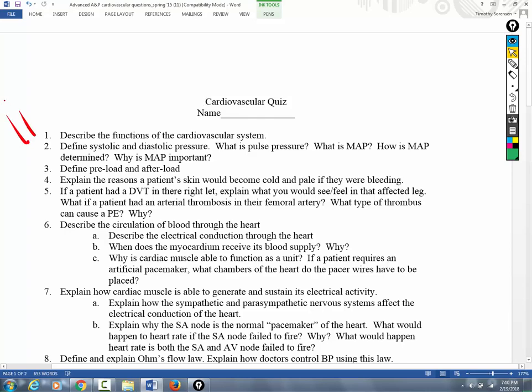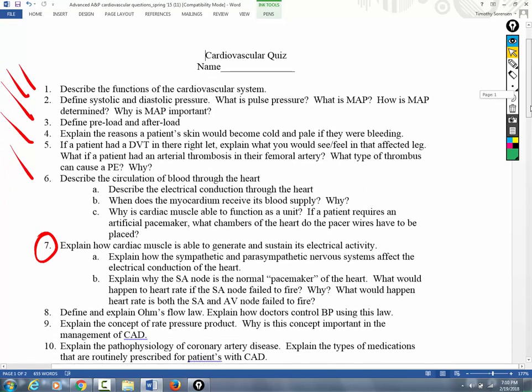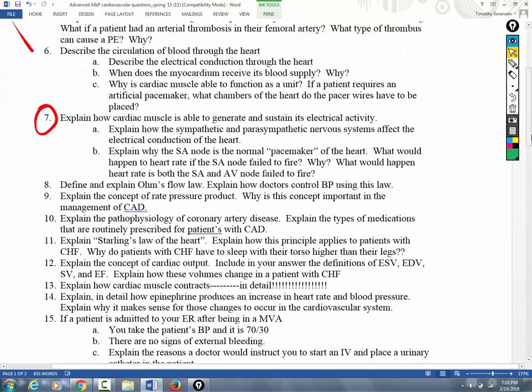1, done. 2, done. 3, done. 4, not done. 5, I did that, yes? 6, done. I did describe the circulation. I will do the electrical conduction system, and that will take us into 7. So I'm going to do parts A and C, and I'll come back to B. I did Ohm's flow law, yes?